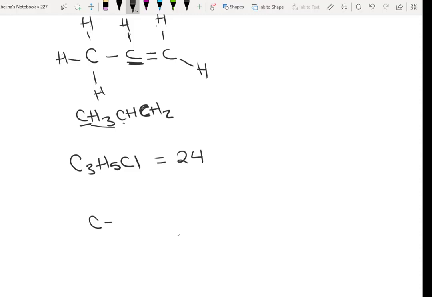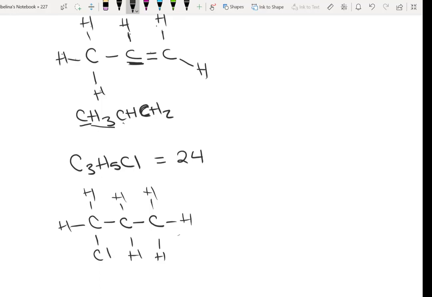And we're going to start just drawing a linear chain here. There are multiple isomers, but I'm just drawing 1 here that's correct. So maybe I started like this again. And I said, okay, H, H, H, H, H. Okay, and I know I had to put the chlorine somewhere.